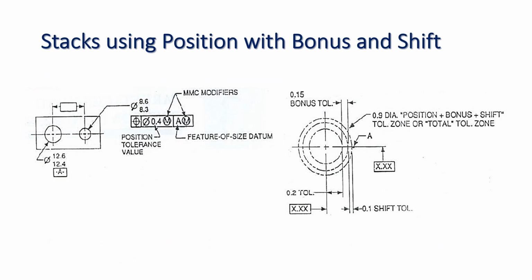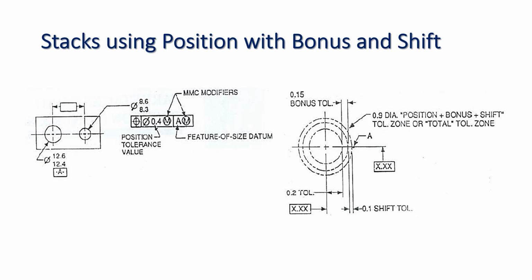Stacks using position with bonus and shift. Here the MMC modifier is mentioned on the size tolerance as well as the geometric tolerance and the datum. The size tolerance is 8.3 to 8.6, and you see how the bonus is calculated.